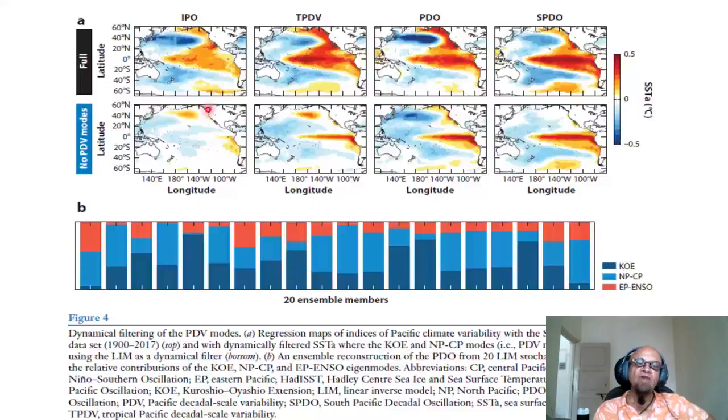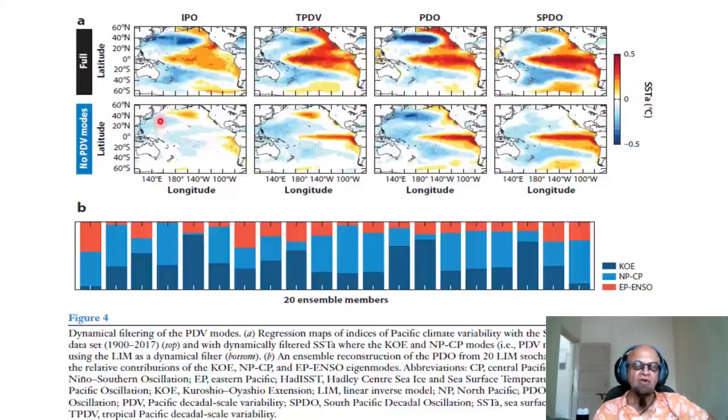So it's the full IPO mode, TPDV that we already talked about, and the PDO. You can decide for yourself what the differences are, and obviously they are not orthogonal in that sense. And the SPDO mode, as we said, outside the domain of the focus, they are kind of similar.